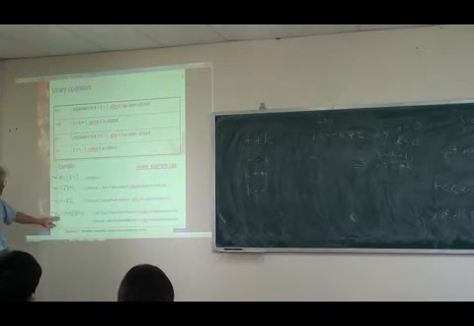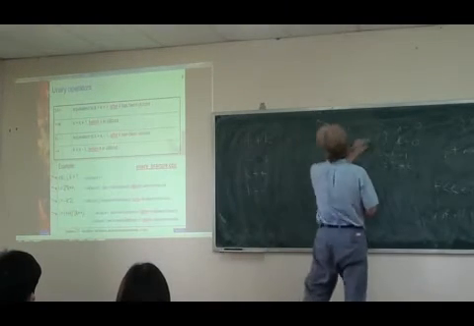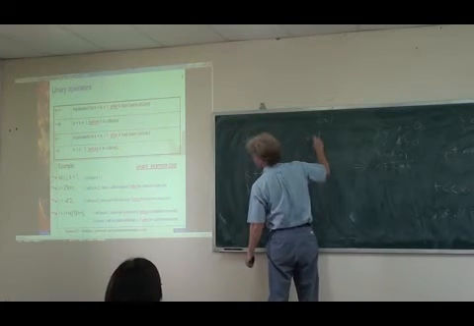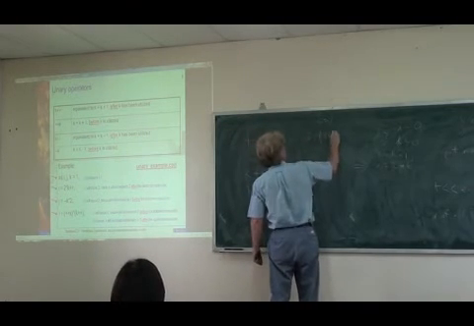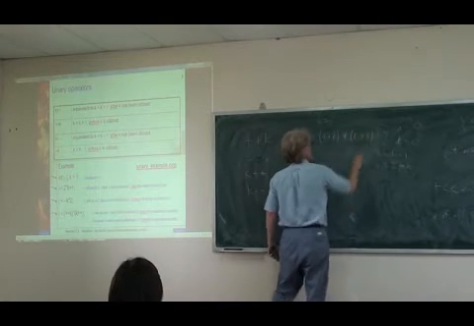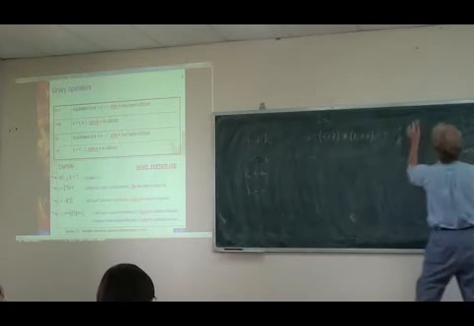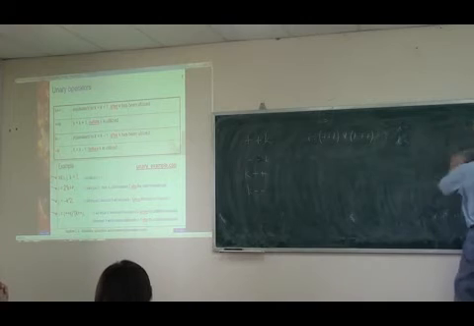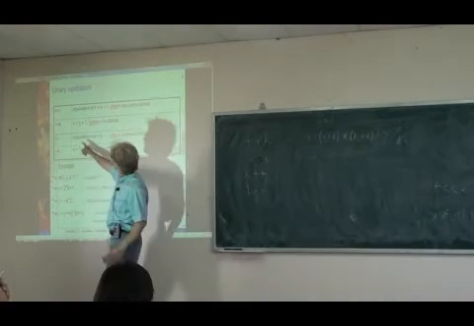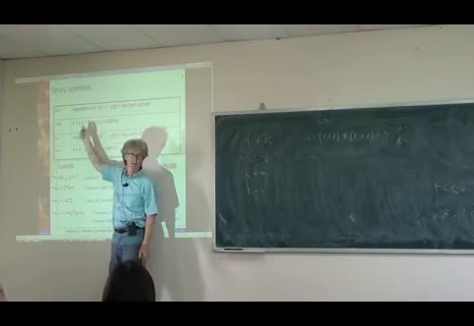How about the last one? Okay, let's do this one. So we've got I equals plus plus k times k plus plus. All right, let's do I first. So for plus plus k, you add 1 to k before you use it, right?